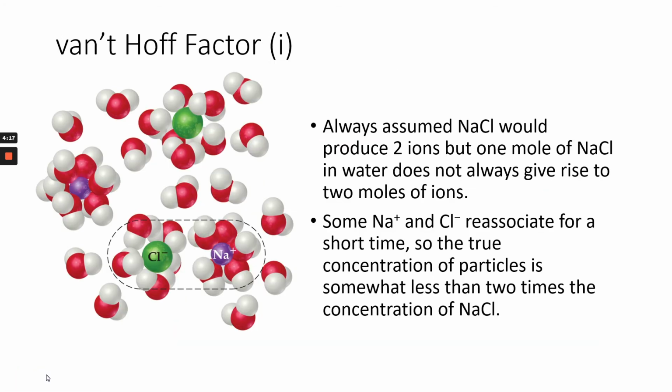So we have something called the Van't Hoff factor, which is this letter i. So we always assume that sodium chloride would produce 2 ions. But 1 mole of sodium chloride in water does not always give rise to 2 moles of ions. And why is that? Well, because these ions are very attracted to each other.